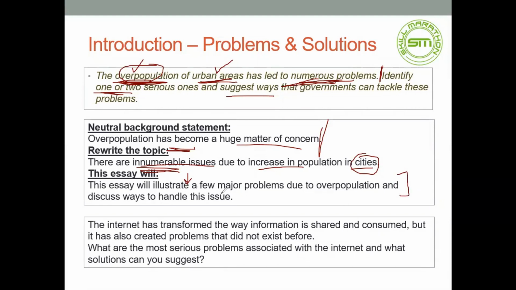This essay will illustrate a few major problems due to overpopulation and discuss ways to handle this issue. Correct? And these three statements are important. I will not write what the issues are in this introduction. I'm not going to say the issue because of overpopulation is lack of water or lack of jobs, whatever those issues are.